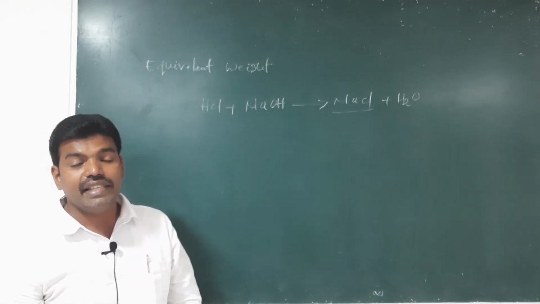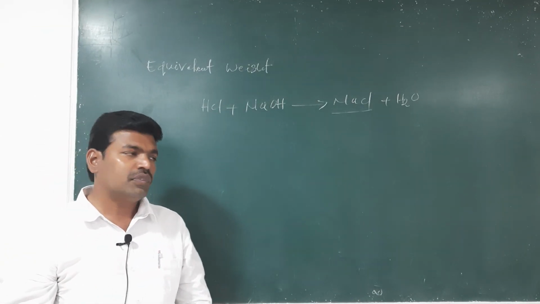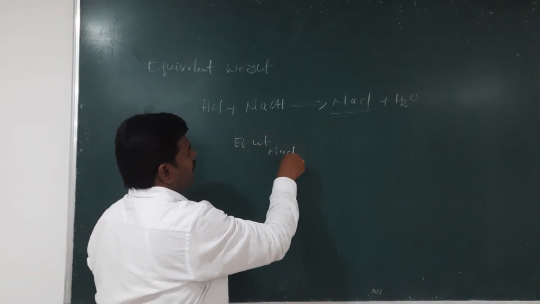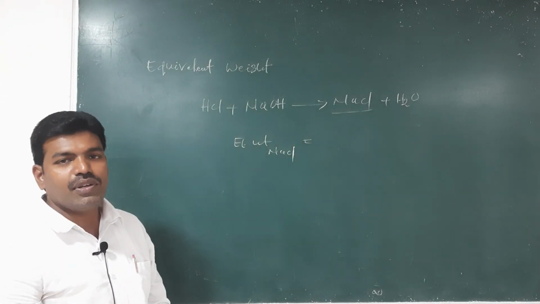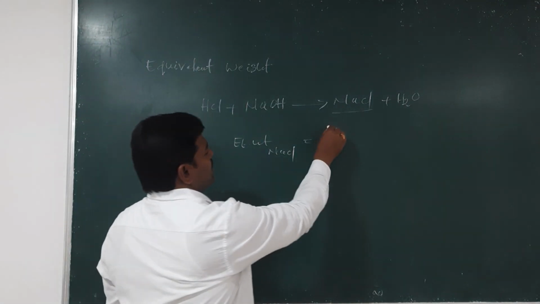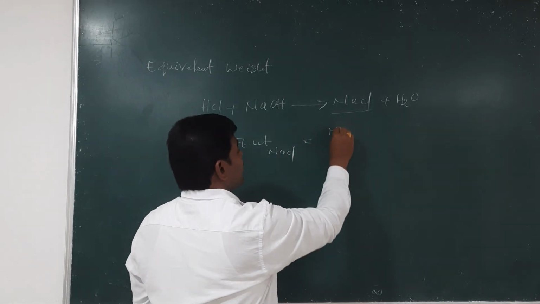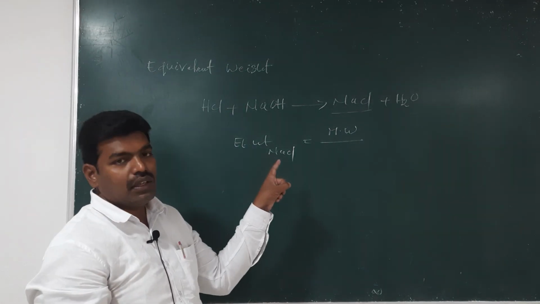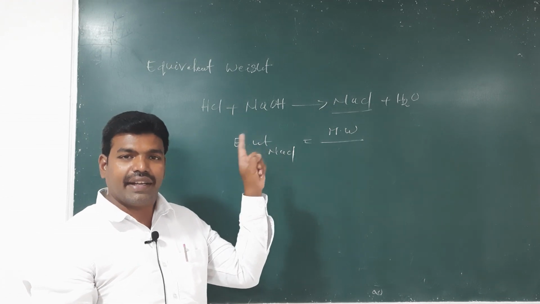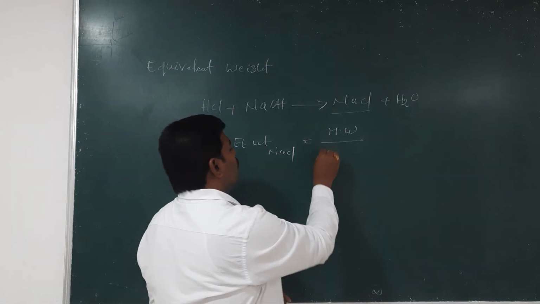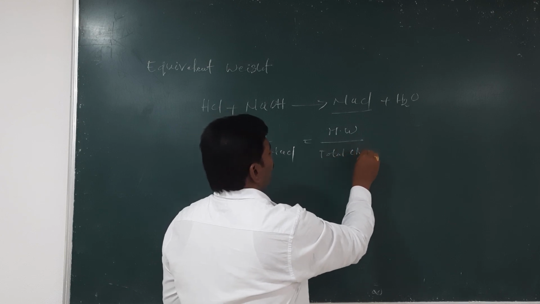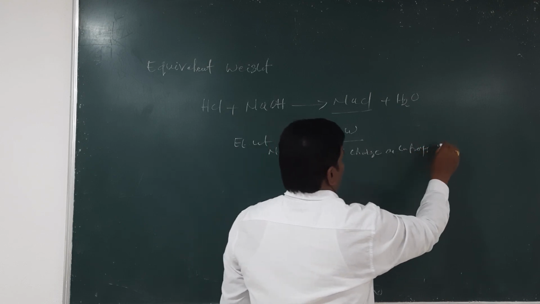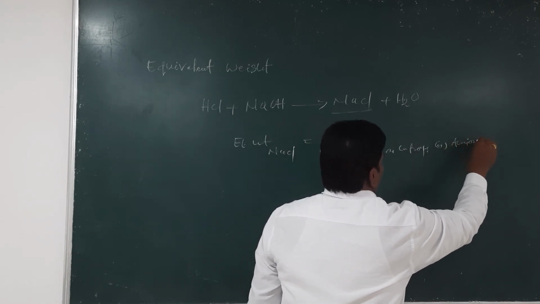Then how can we calculate the equivalent weights of salts? The equivalent weight of a salt like NaCl is also calculated using the formula: molecular weight by total charge on cations or anions.